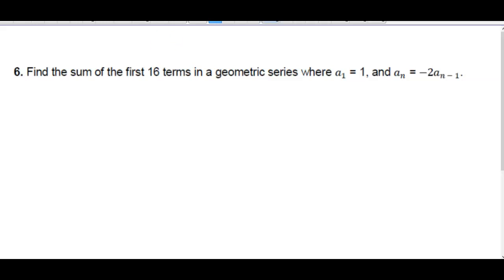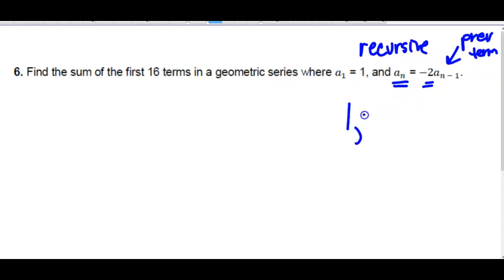All right, find the sum of the first 16 terms in a sequence where, okay, they're not telling us r this time, but it says to find any term, this is called a recursive formula, remember that? It says to find any term, you take -2 times the previous term. So if we start with 1, and then we multiply by -2, and then we multiply by -2 again, and then again, this is what's happening.